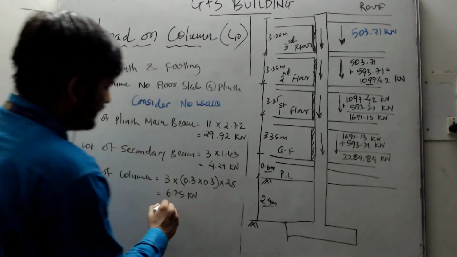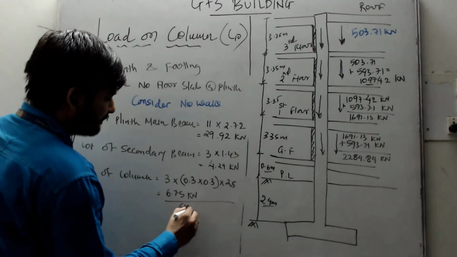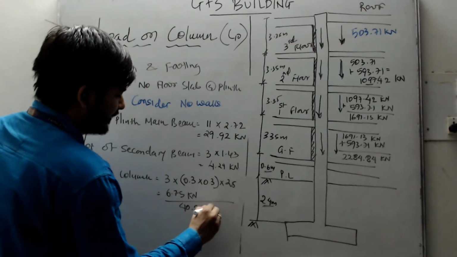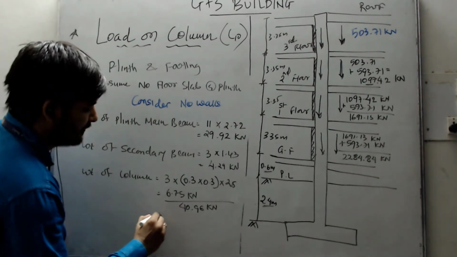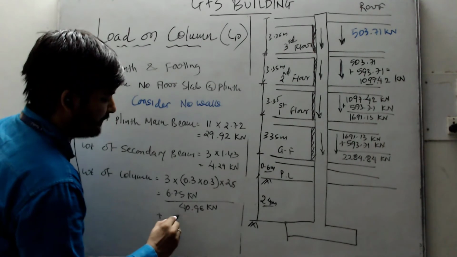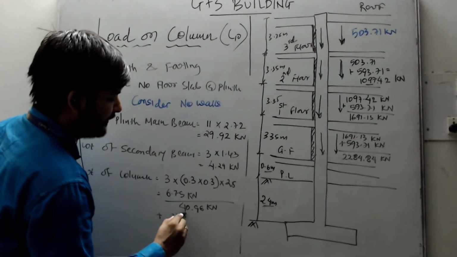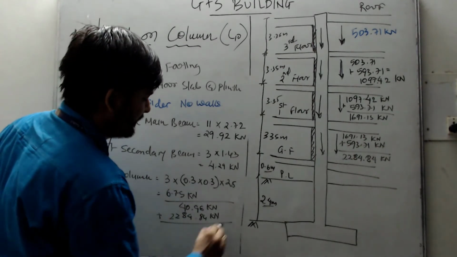So if I make the summation of all these three, I am getting my load at this level as 40.96 kilonewton, plus I have a load from upper floors, right? So plus load from upper floor is 2284.84 kilonewton.